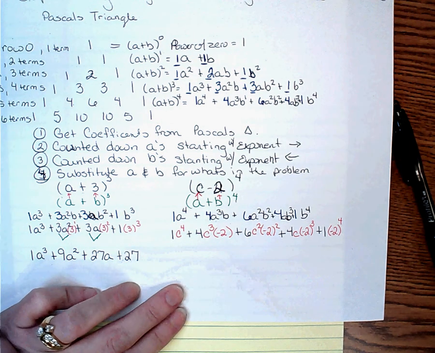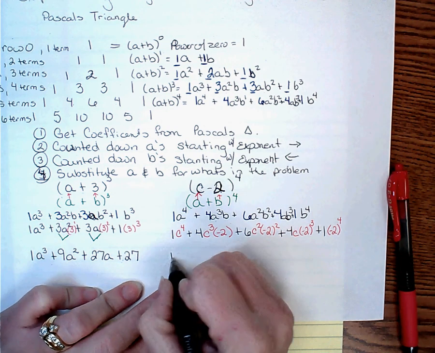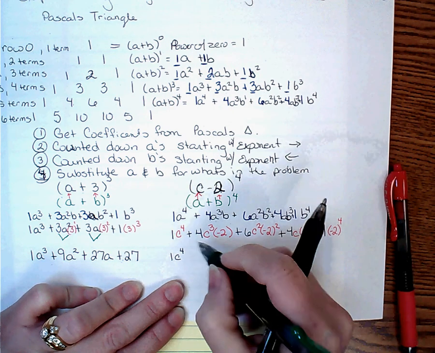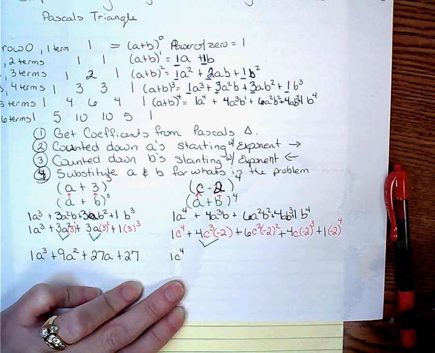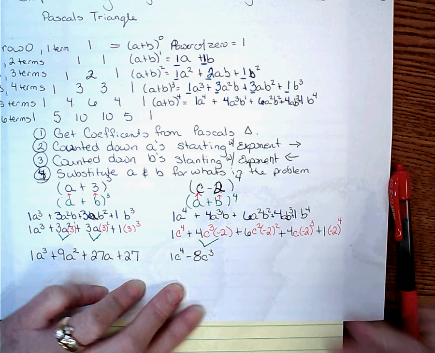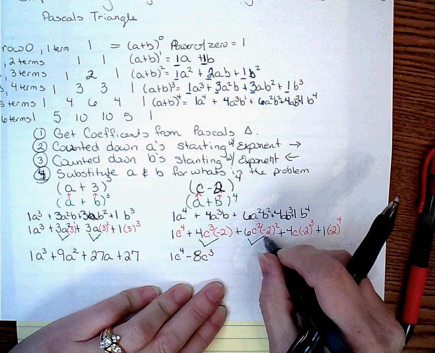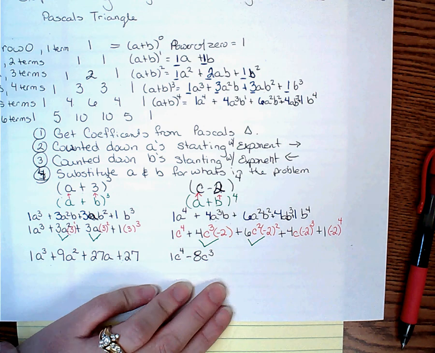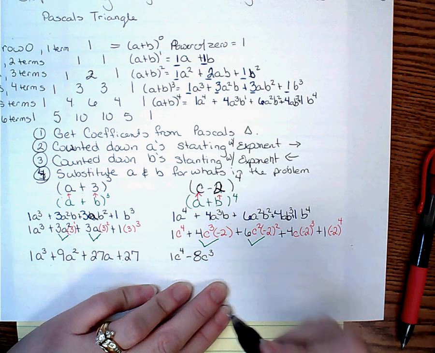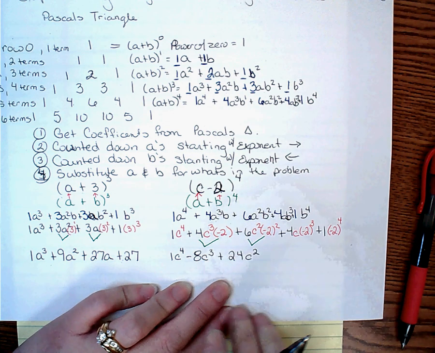Now we're ready just to do the math. So, nothing to be done to the first term, so C to the fourth. Here, we've got to look at 4 times negative 2, which gives me negative 8 C to the third. Then I have to look at 6 and the negative 2 squared. Negative 2 squared is positive 4 times the 6 gives me positive 24c squared.